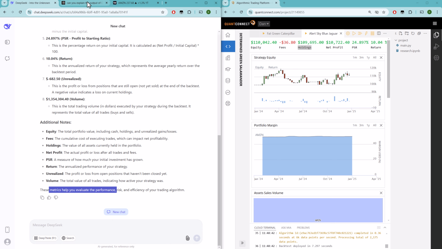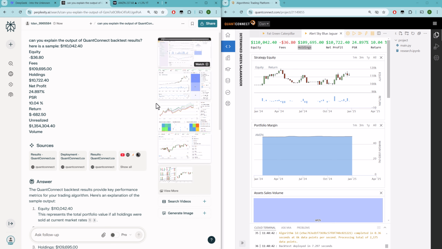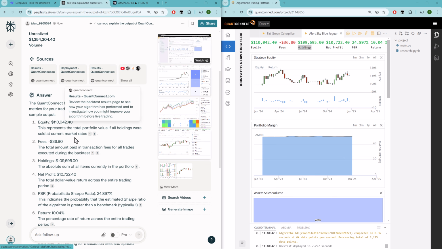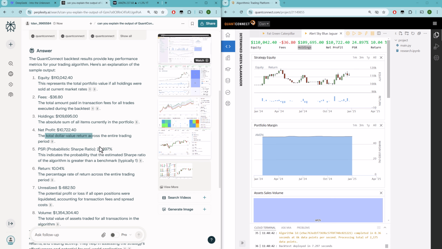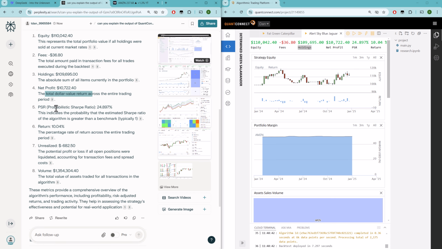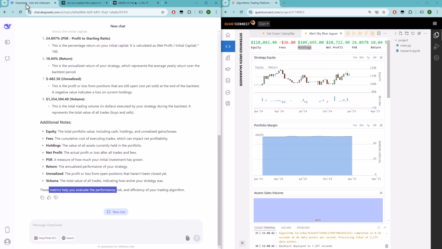Let's see what Perplexity has to say about exactly the same output. Equity, total portfolio values, fees, okay, holdings, absolute sum of all items currently in the portfolio, total dollar value return. What? Probabilistic Sharpe ratio.